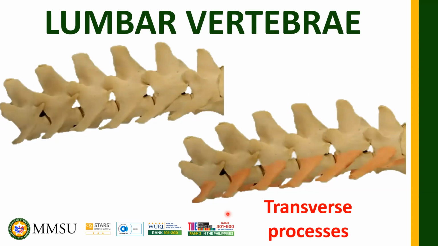So in terms of number, ganun din, they vary among the species of the animals. So ang pinaka-function lang nito in terms of the lumbar vertebrae is for supporting the weight of the body and transmitting it to the pelvis and lower limbs. So they usually provide the stability and strength to the vertebral column.